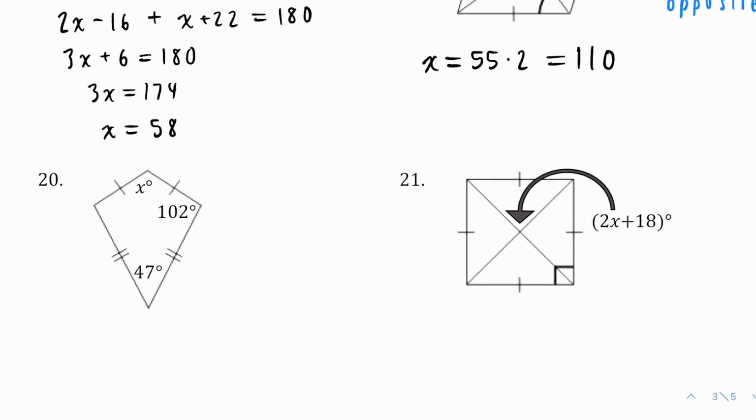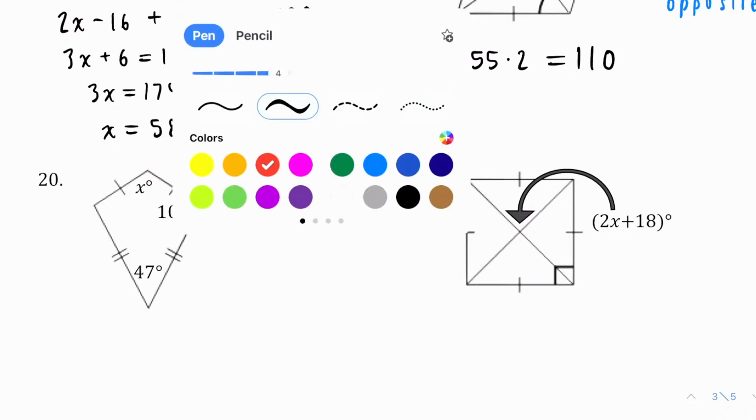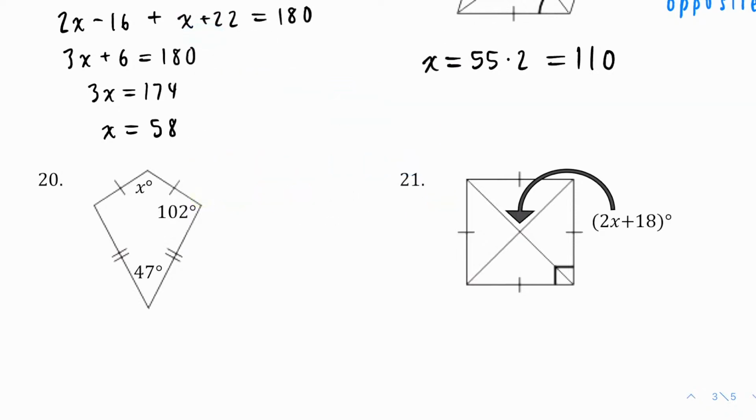All right, number 20. This is another kite, and sometimes it's hard to remember which angles are supposed to be congruent. I like to think of a kite as two congruent triangles smashed together.